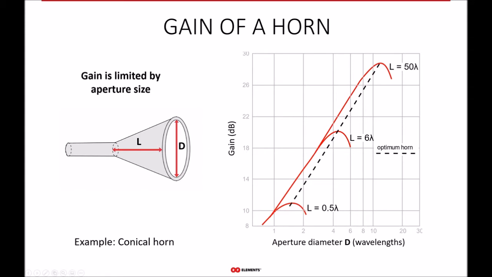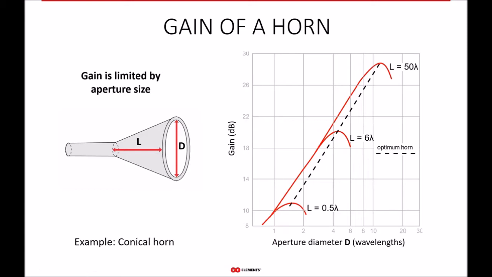The difference between the curves is in the corresponding aperture length, L. The lowest curve corresponds to L equal to half a wavelength, so the length of this aperture is half of the wavelength at which the horn operates.